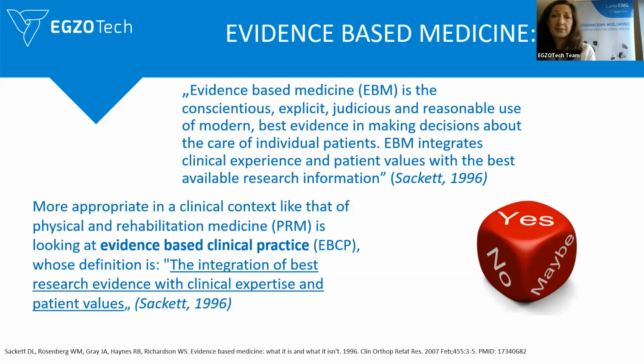So this is the main definition of evidence-based medicine, but a little more appropriate in our clinical context, when we think about physical and rehabilitation medicine, we look at evidence-based clinical practice, whose definition is the integration of best research evidence with clinical expertise and patients' values.